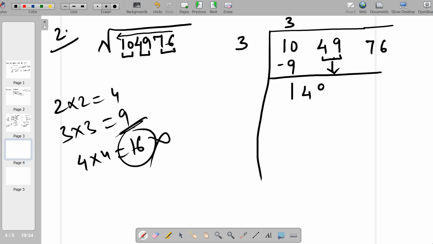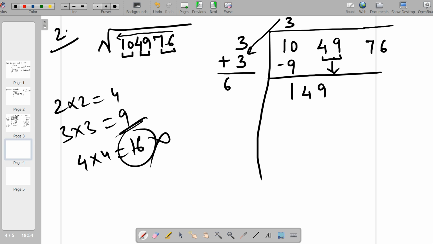Now drop this whole pair 49. It will become 149. Now this quotient will be dropped here and we will add it. So this will give you 3 plus 3, 6. Now with 6 you have to make some number which will be multiplied and you get either this exact value or a value nearby.